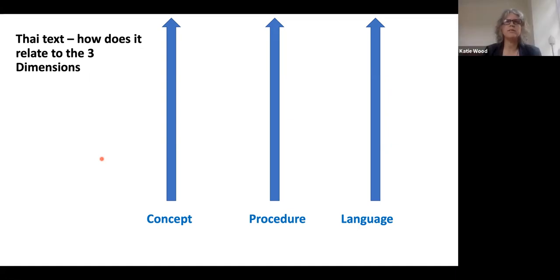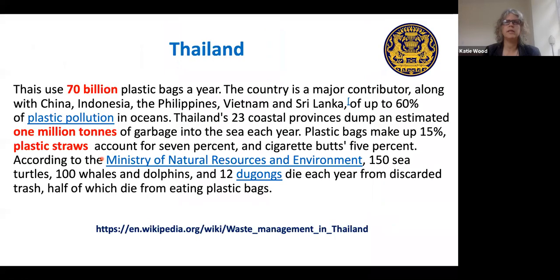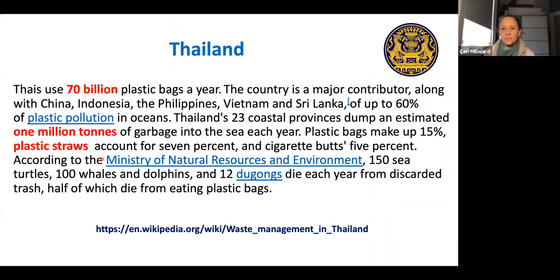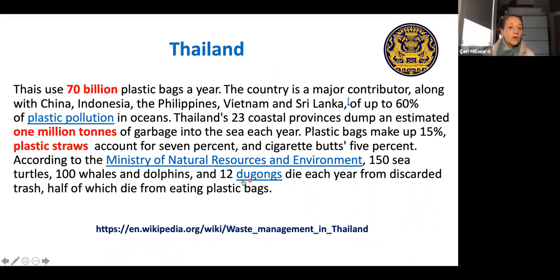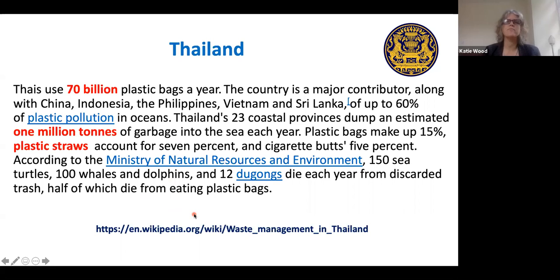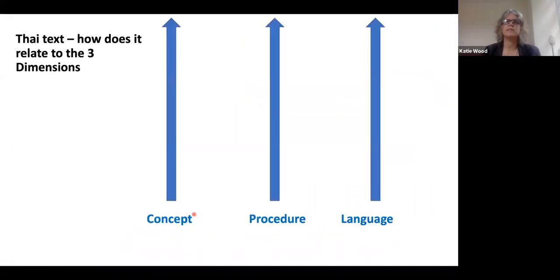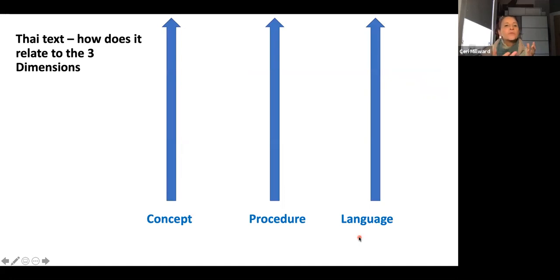Can you go back one slide so I can have another look? I would think it was quite challenging. We've got dump, estimated, garbage, major contribution, discard, contributor. For my B1 teenagers, I thought it was actually quite challenging, so I put it there.